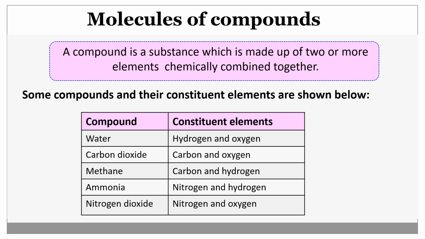Methane is a compound made up of the elements carbon and hydrogen. Ammonia is a compound made up of the elements nitrogen and hydrogen. Nitrogen dioxide is a compound made up of the elements nitrogen and oxygen.